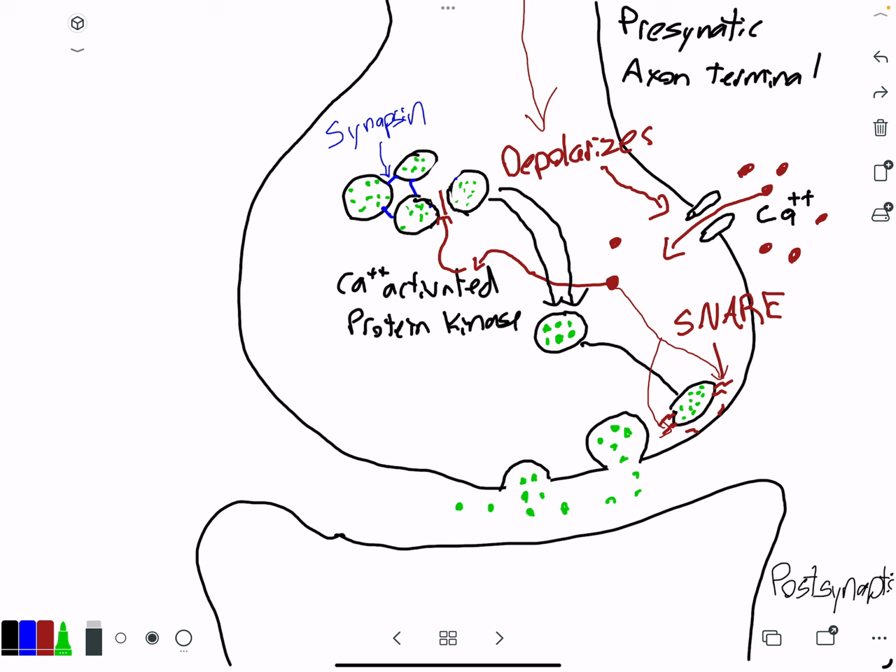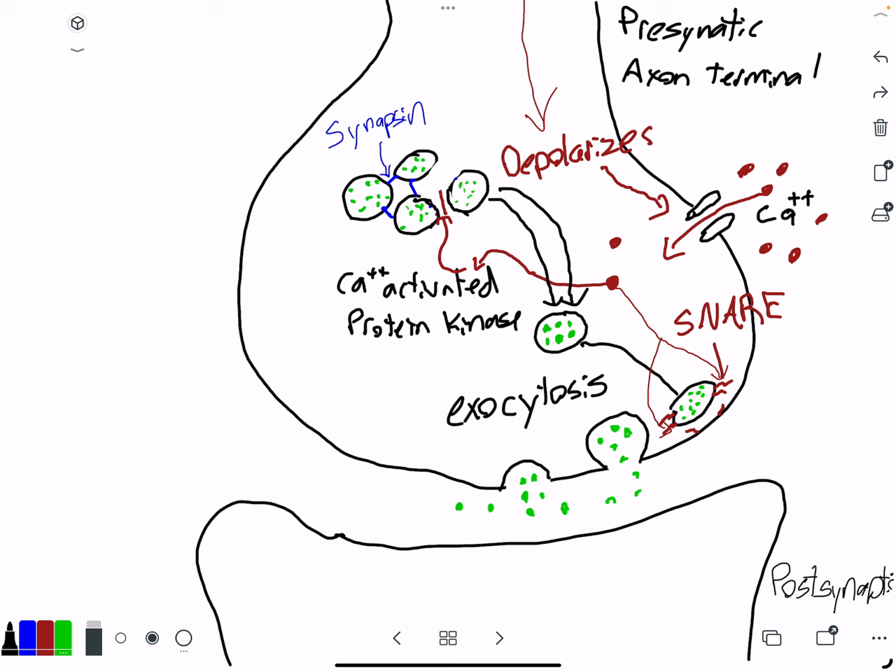This process has a very special name. This is what's known as exocytosis. Let me write that out here. Exocytosis. This fusion of the vesicles with the presynaptic membrane, releasing neurotransmitter into the synaptic cleft. That whole process is exocytosis.